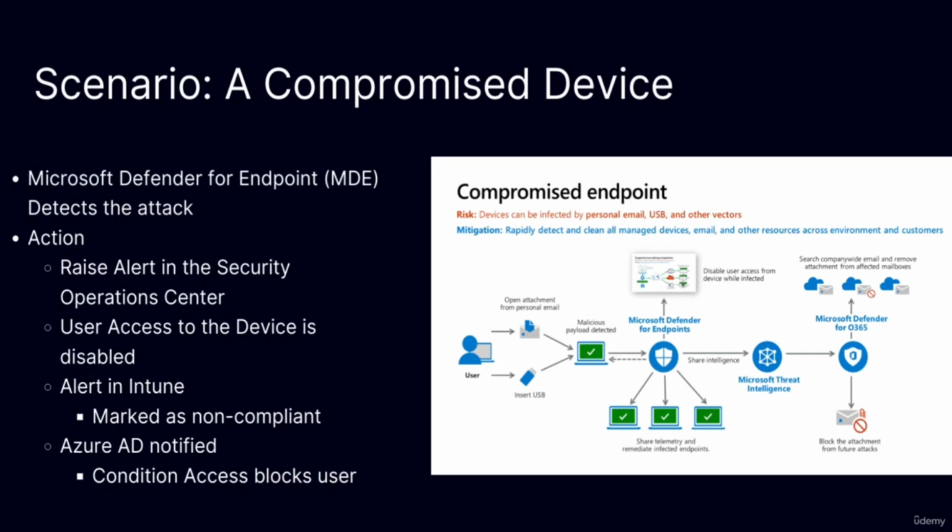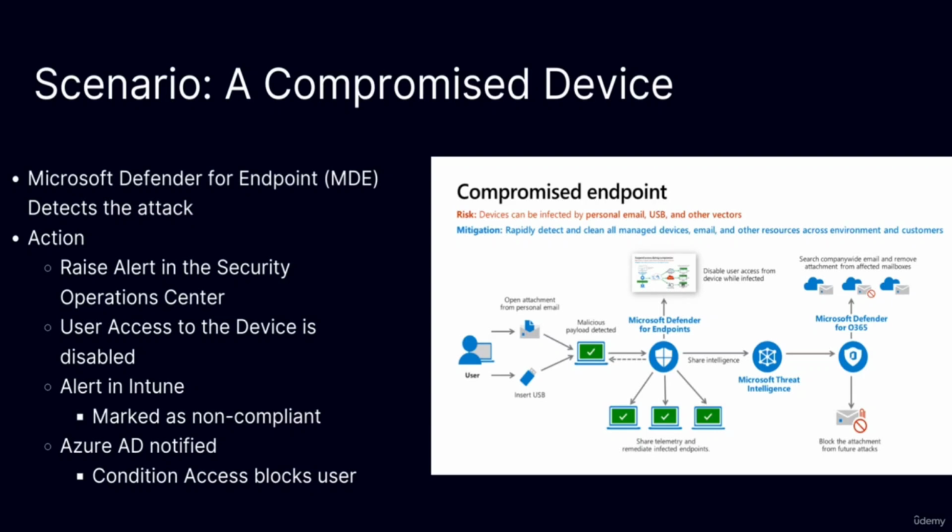So once the attachment is open, the malware infects the computer. Then in this case, maybe the user is not even aware that there is an attack taking place. However, Microsoft Defender for Endpoint, also known as MDE, detects this attack and raises an alert with the security operations, and it provides some detail to the security team.